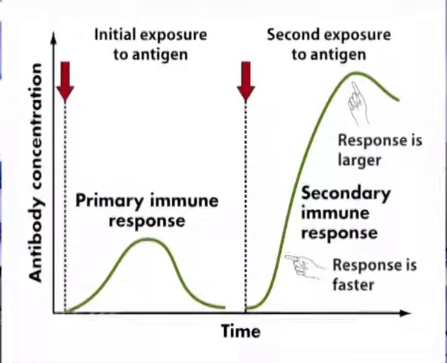This is because of the immunological memory which was created after the first exposure. This is known as anamnestic or secondary immune response. Mechanism working behind this response is specific host defense mechanism, also known as third line of host defense mechanism, which includes humoral immunity or antibody mediated immunity and cell mediated immunity, which we have already discussed earlier.